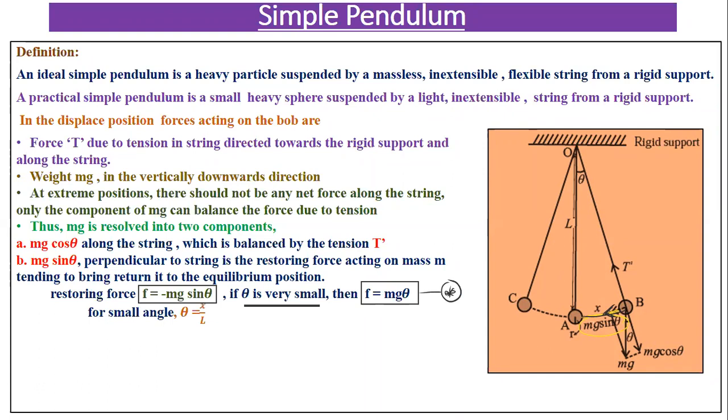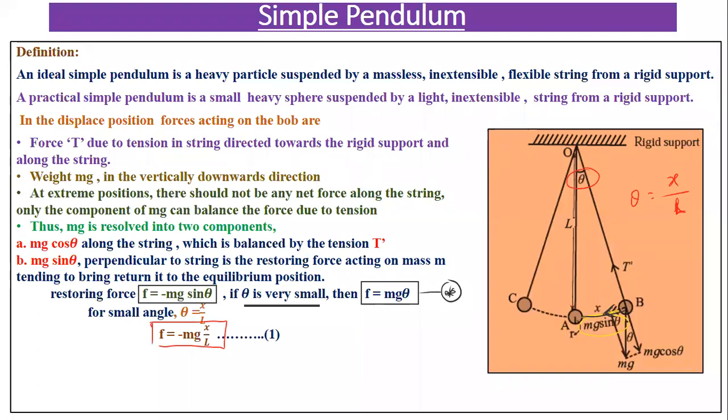For a small angle theta, you already learned in geometry, if this angle is small, then this angle theta is equal to this arc x divided by the length of the string L, x by L. So for small angle theta, we can write it is equal to x by L. Now instead of theta we substitute x by L. So we get restoring force is equal to minus mg into x by L. Or when we want to write only the magnitude, no need to put the minus sign.